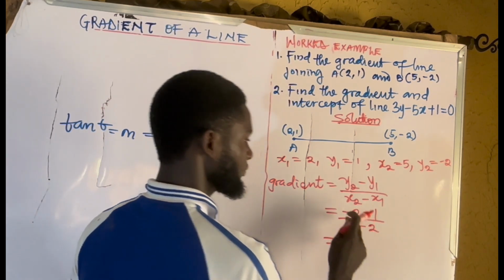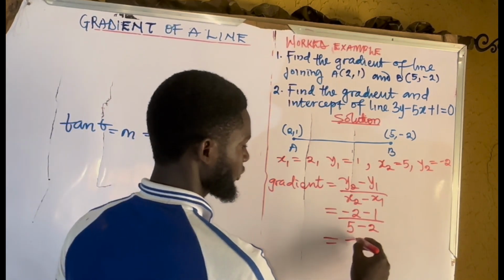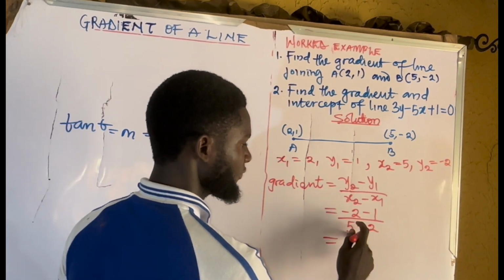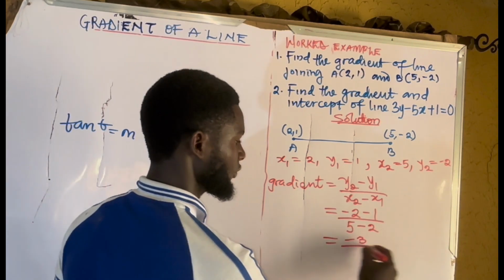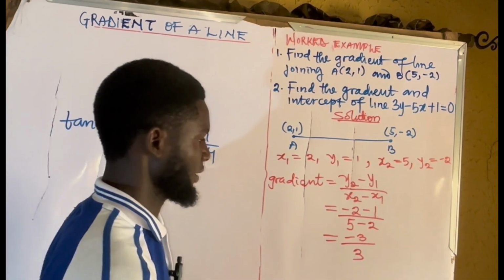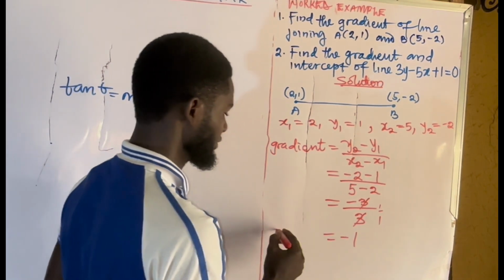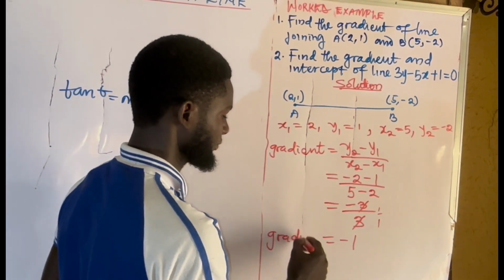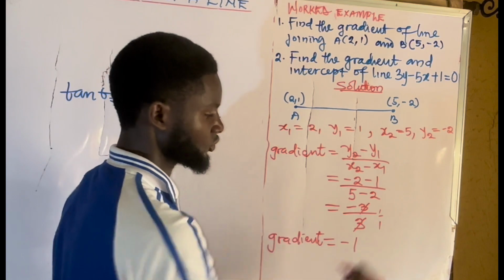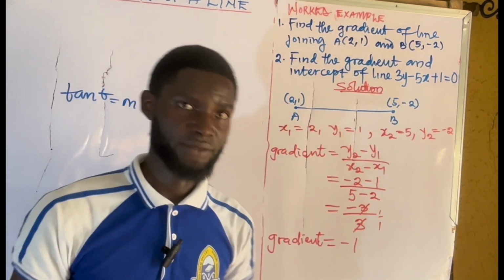So -2 minus 1 gives us -3, and 5 minus 2 gives us 3. Then -3 divided by 3 gives -1. So the gradient of the line equals -1.